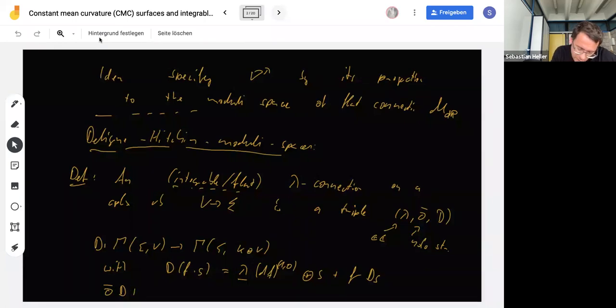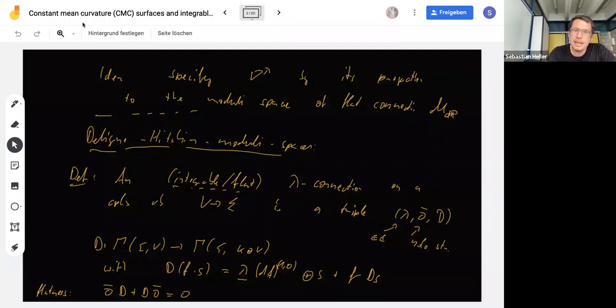I will describe in a second what it really means computationally. So this is the definition due to Deligne, and it's very simple. D is just the 1-0 part of a connection if lambda is 1, and otherwise it's a rescaled version of that. And here we also have this flatness condition.